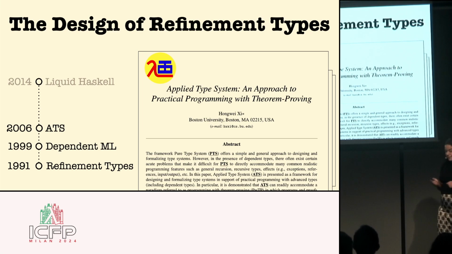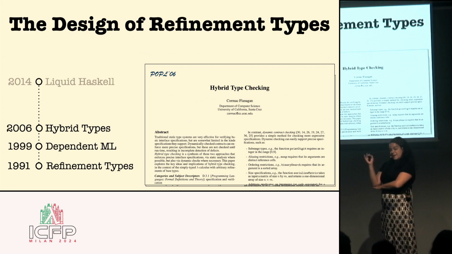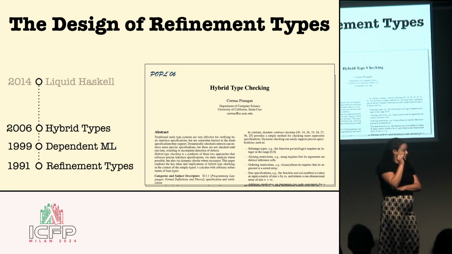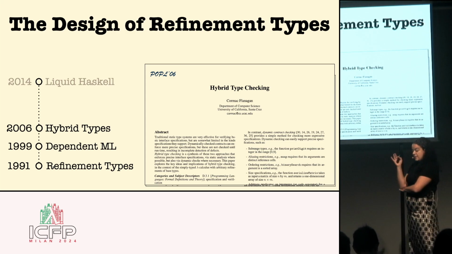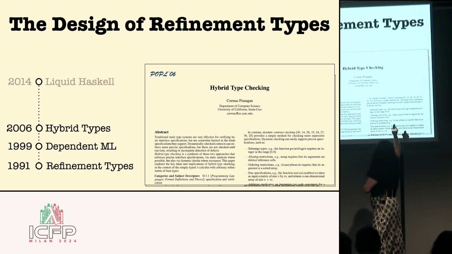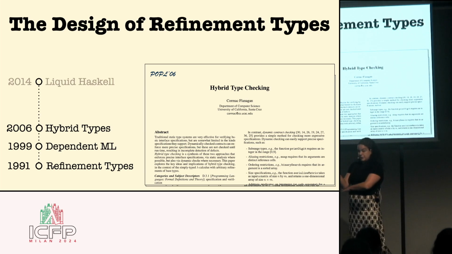But there was another thing that was very cool that happened in 2006. We have this hybrid type checking. For me, this is a very, very big paper. By the title, hybrid type checking. It is hybrid because it uses essentially refinement types to define contracts.